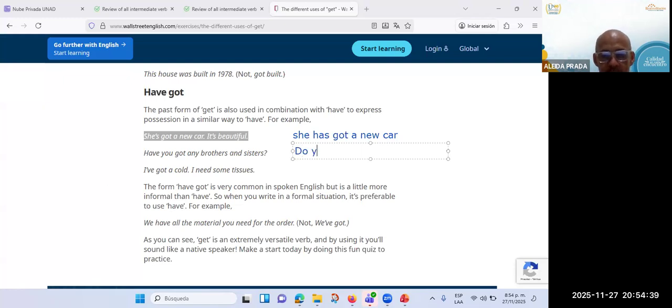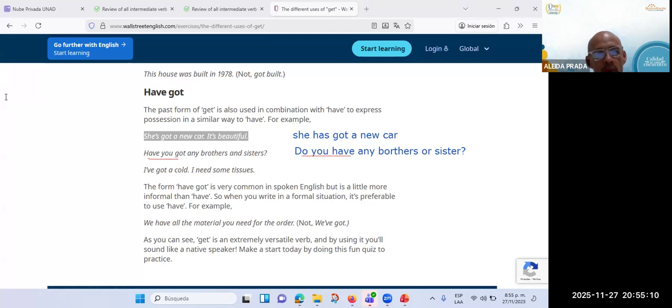And it's a synonym for, do you have any brothers or sisters? Look at this. Have you got any brothers and sisters? Is the same as do you have any brothers or sisters? What is the difference? This is British English. This is American English.